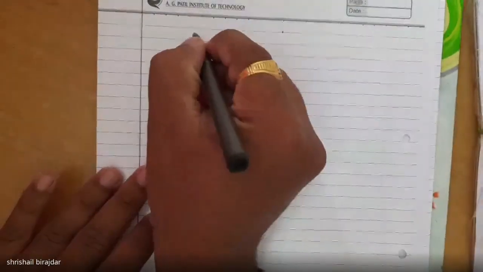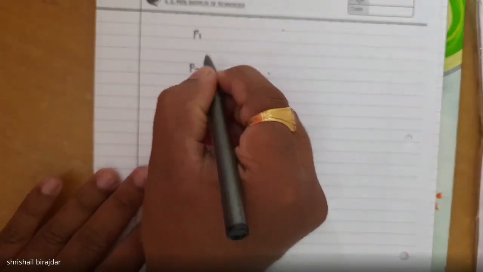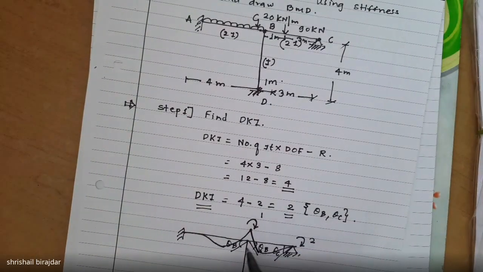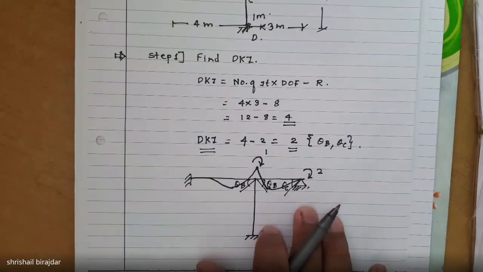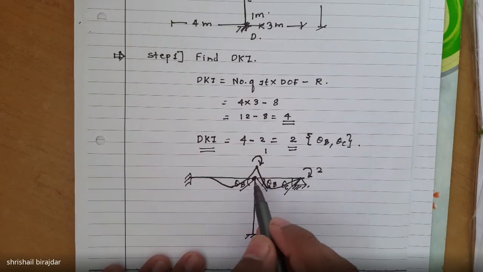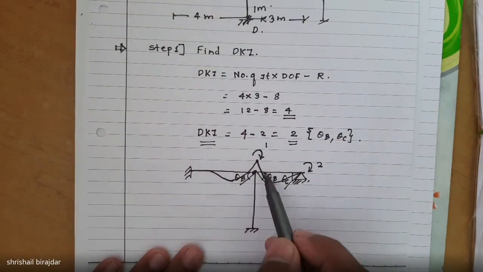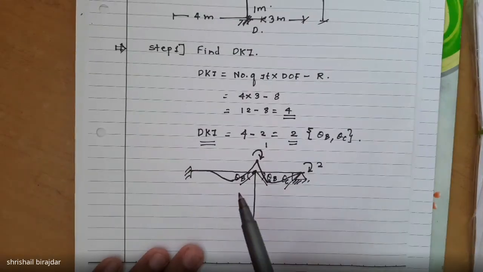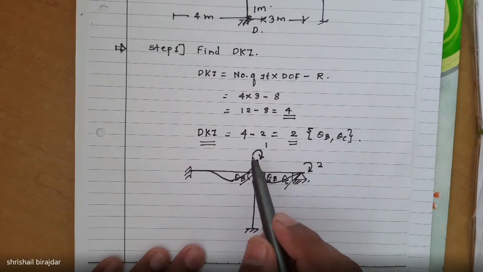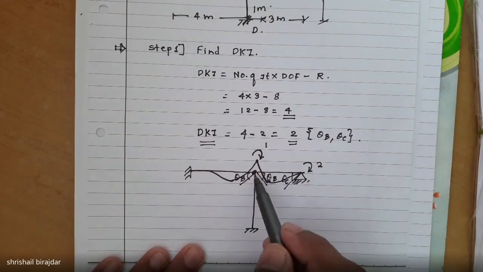Okay. P1, right? How will you write the P1? Here it is the coordinate at P1. So for calculating P1, you need to consider this particular point B, which is having a combination of BA, BC, and BD. You just add the fixed end moment BA, fixed end moment BC, and fixed end moment BD.